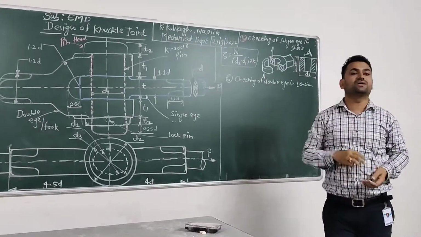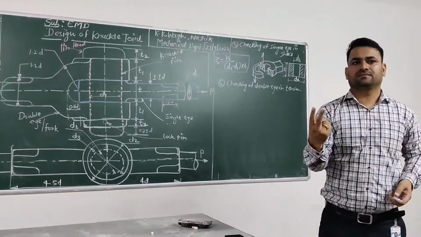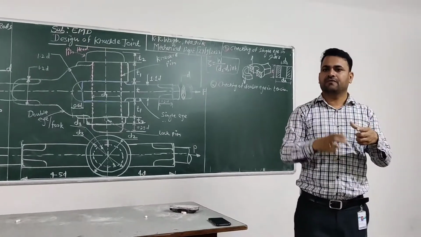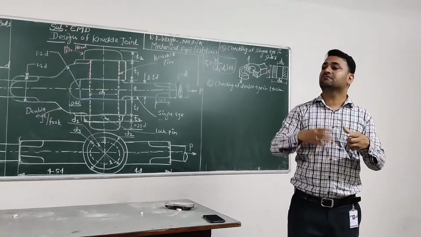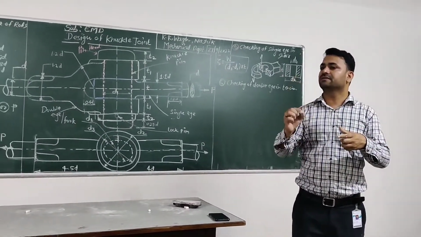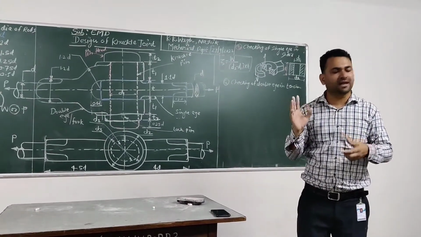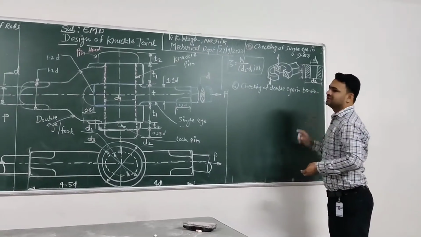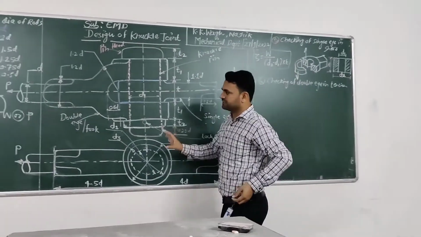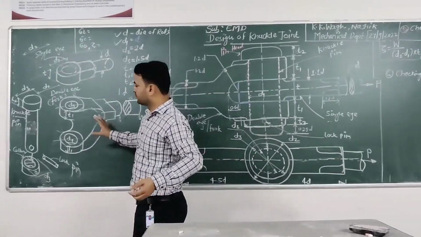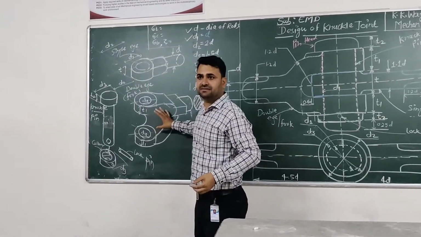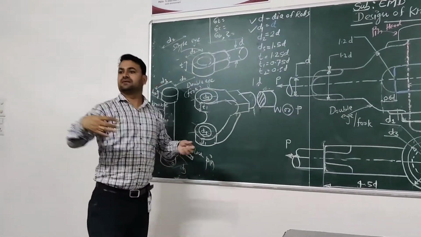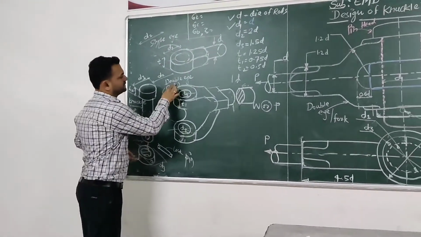Now let's move towards the second component, the failure of the double eye, which is very similar to the single eye. So step number 6 is checking of the double eye in tension. Here we have the 3D diagram of the single eye, and this is the double eye. The double eye may fail in tensile failure.